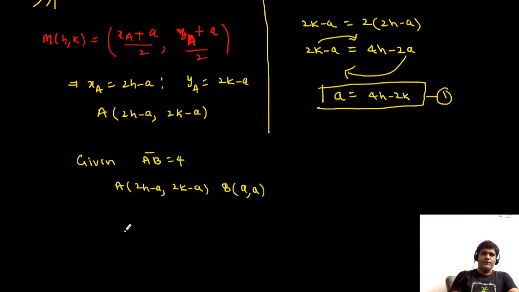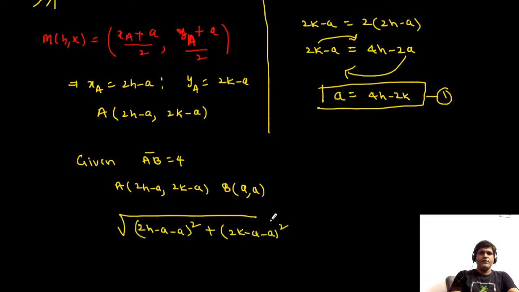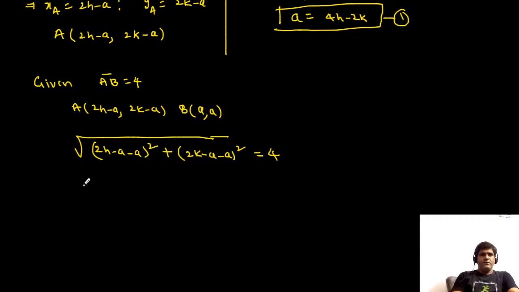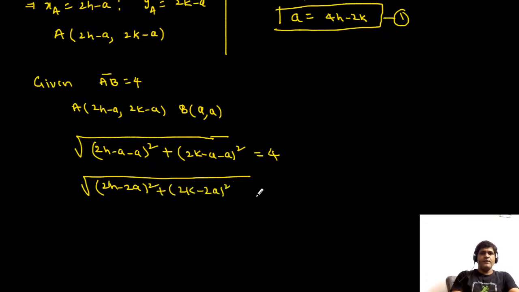Therefore distance formula we use, that is square root of (2h minus a) whole square plus (2k minus a) whole square equals 4. This is the given thing. Now this implies (2h minus 2a) whole square plus (2k minus 2a) whole square equals 4.